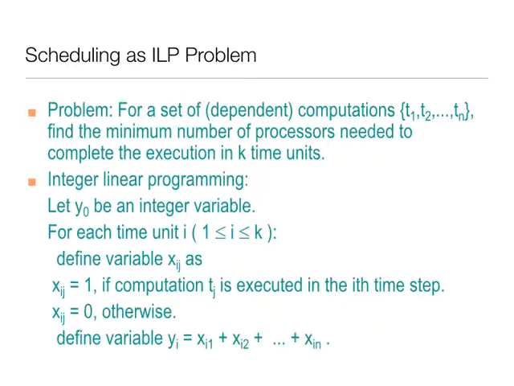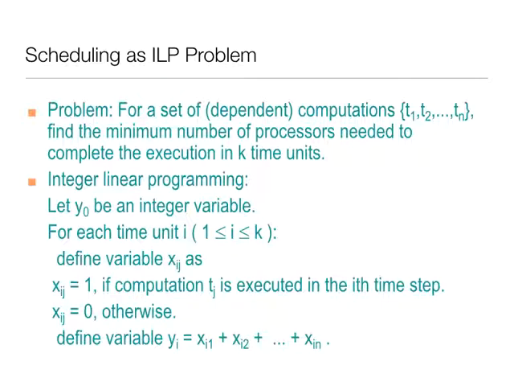For each time unit, let's say i represents the time unit, so i can go from 1 to k. And again, my tasks only take 1 unit of time. I've done lots of simplification. So tasks take 1 unit of time, and I have k time units. For each time unit, let's define another integer variable, xij. xij is 1 if computation task tj is executed in the ith time step.